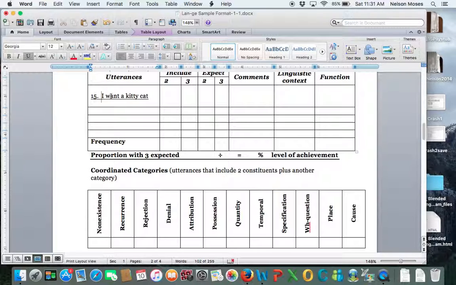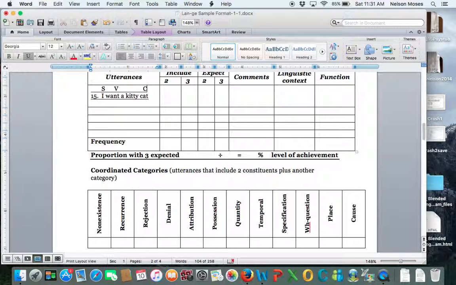Then you mark the utterance according to the subject, the verb, and the complement, the main head of the complement phrase, that main word, which is SVC. I want cat. That is the SVC.